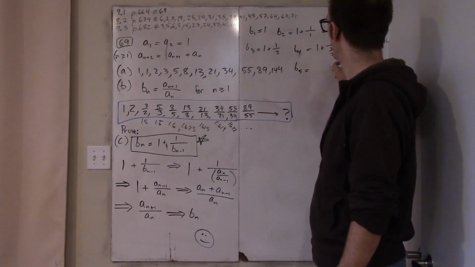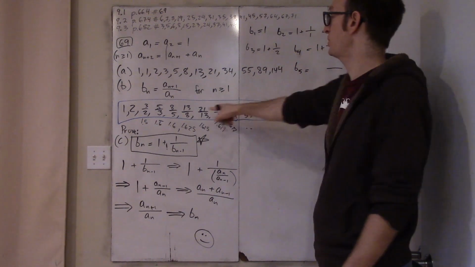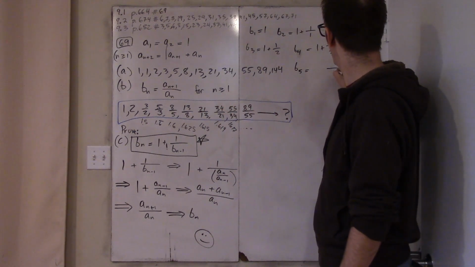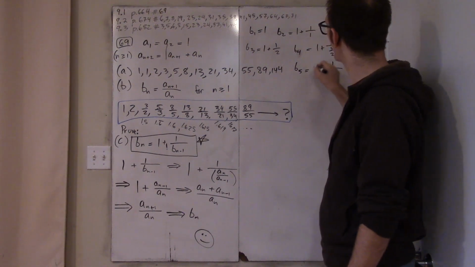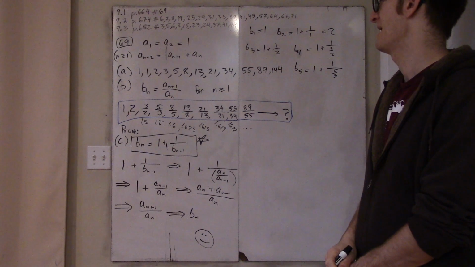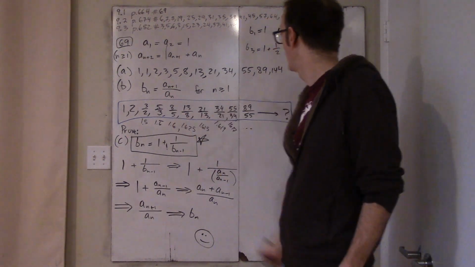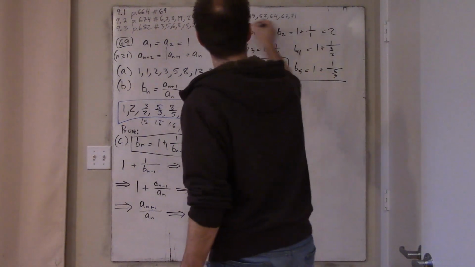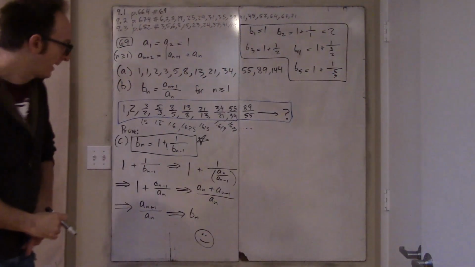Reciprocate and add 1. So I take my number, 5/3, and I reciprocate it, add 1. And what is that? It's 1 plus 3/5, which is 8/5, and that is b5. Okay, and so that's providing another perspective on everything that's going on here.